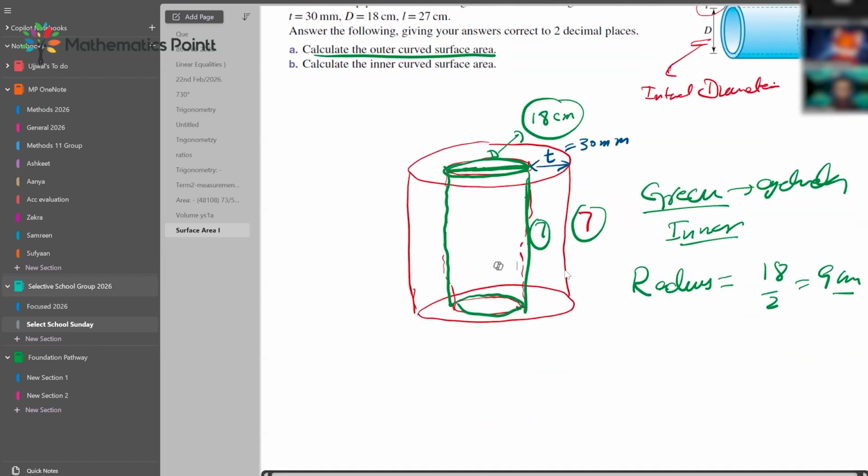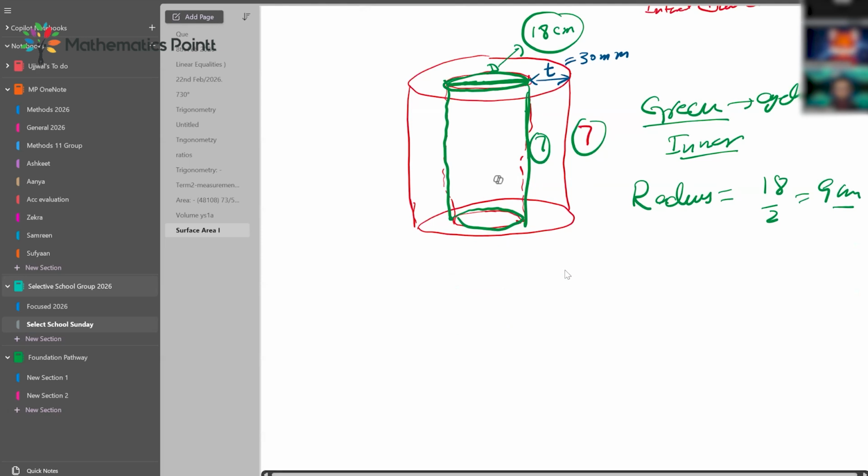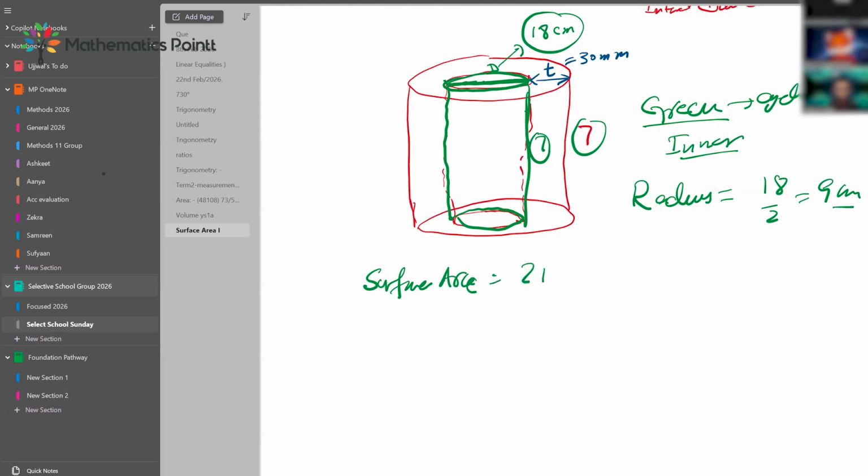Awesome. Now, what is the formula? Formula for the surface area of the green cylinder is 2 pi r h plus 2 pi r square. Let's plug it in. 2 pi, r is 9, height is 7, plus 2 pi, r is 9 square.